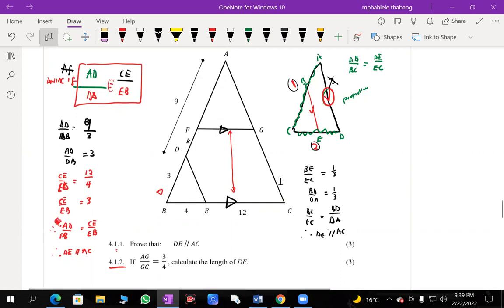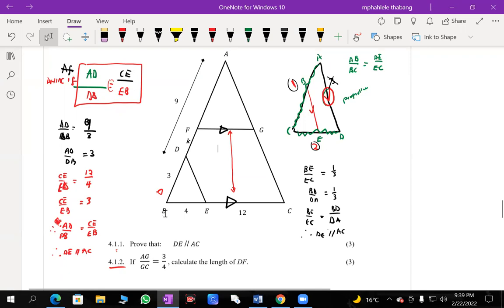You have AG over GC equal to AF over FB. Why is FG parallel to BC? What you are saying is only possible when FG is parallel to BC.